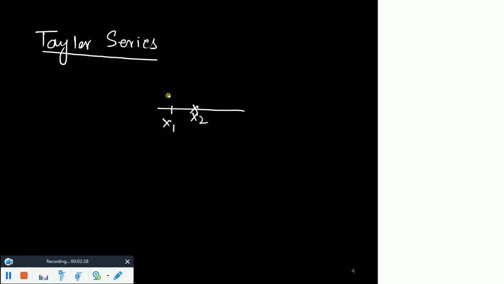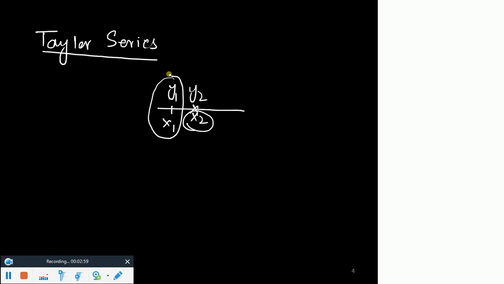What does that mean? For example, this is y1 and this is y2. If I ask you how you can approximate the value of y2 at x2 point using this information, can you understand my question?